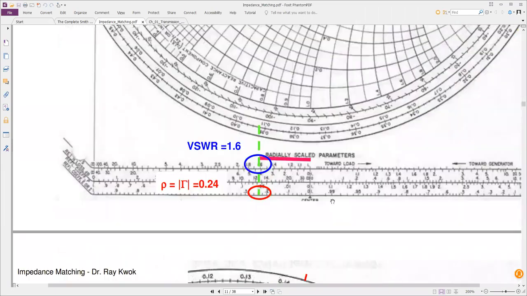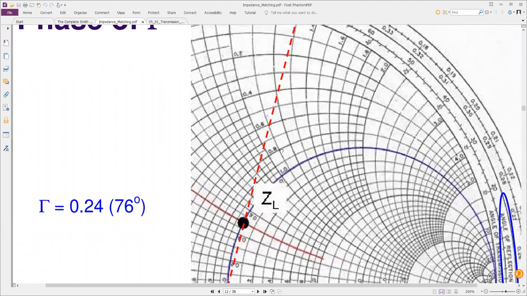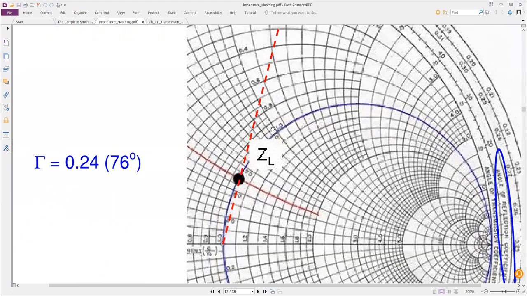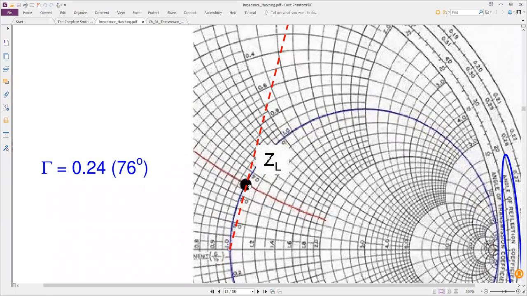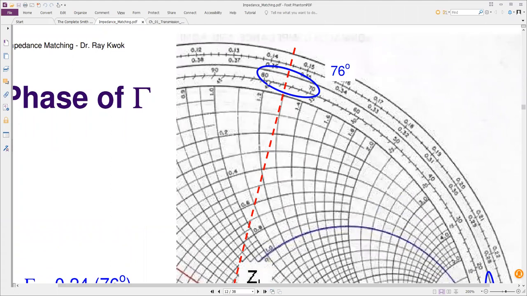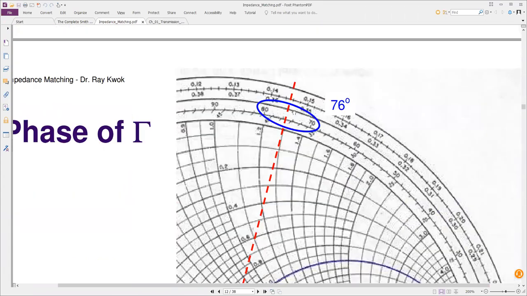using this method. Then, if you want to find out the phase of rho, or the phase of the reflection coefficient, what you have to do? You have to just join these two, and extend this line up to the circular scale, on the outside perimeter of the Smith chart.